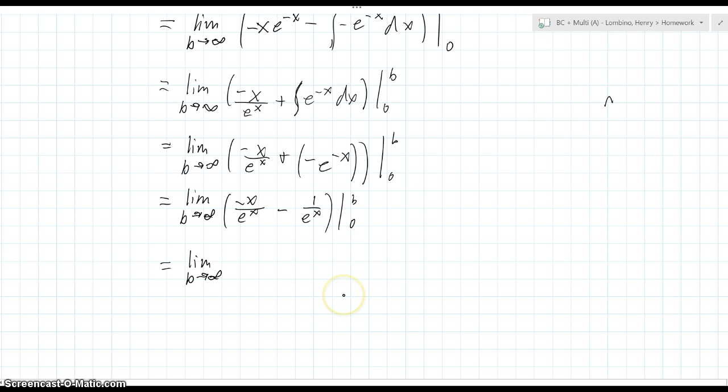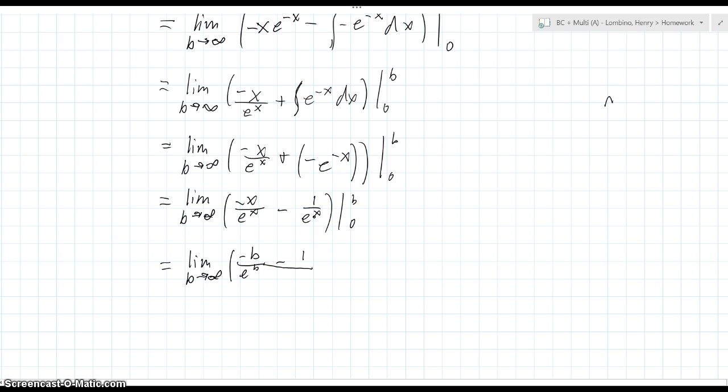And now we plug in b for x, b and 0 for x. So we're going to have negative b minus 1 over e to the b, and we can simplify this out to be just that.